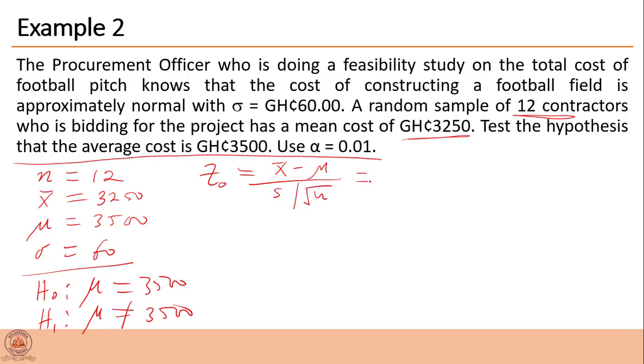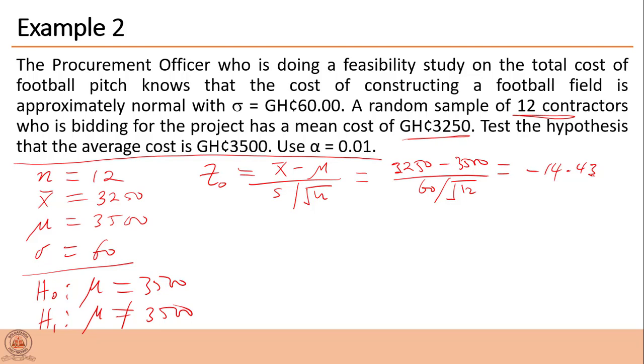We fix in the values: 3250 minus 3500 all over 60 divided by square root of 12. So we put this in the calculator and we end up with negative 14.43.